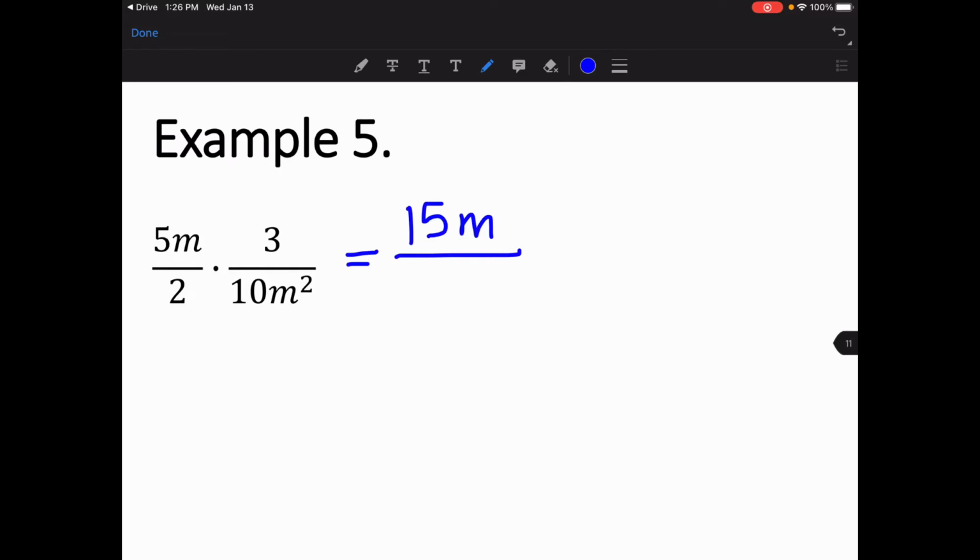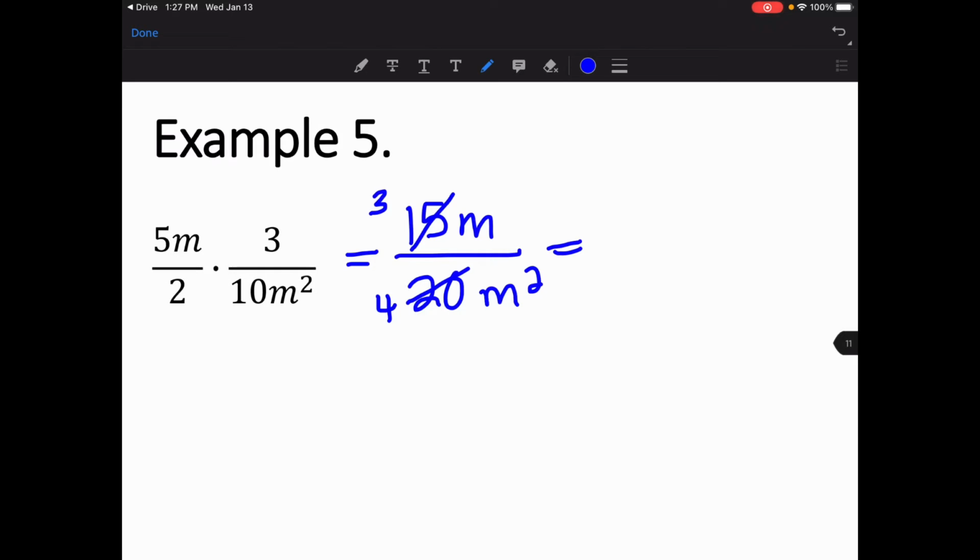All over 2 times 10 is 20, and m squared times 1 is m squared. Now, can I reduce this any further? If I look at my numbers, yes, they are both divisible by 5, so 15 divided by 5 is 3, 20 divided by 5 is 4. I'm going to do that step first, and then I'm going to look at my variable.